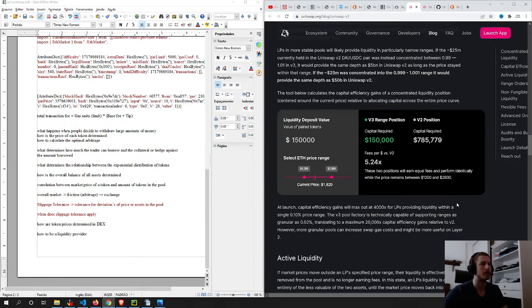Like, take more time understanding this. And it starts getting really confusing when you have calculations between price and the deviation of assets with the price, because then I have to write things down.